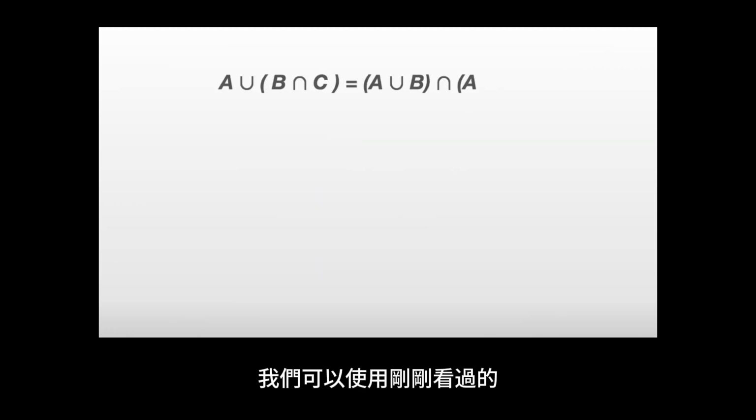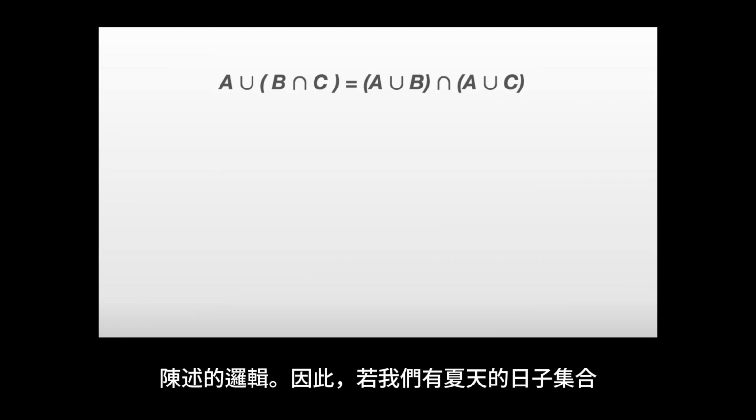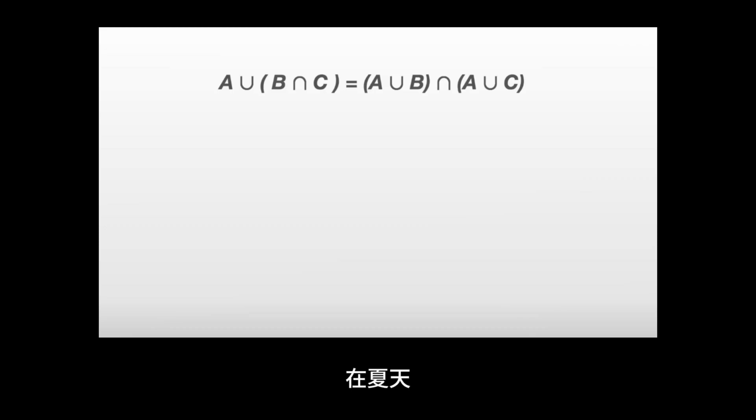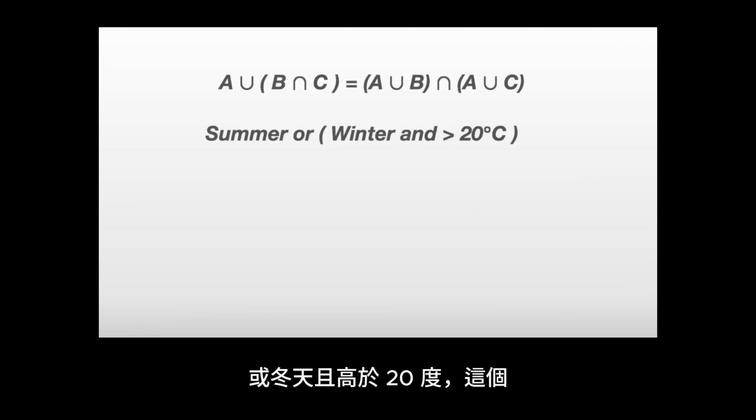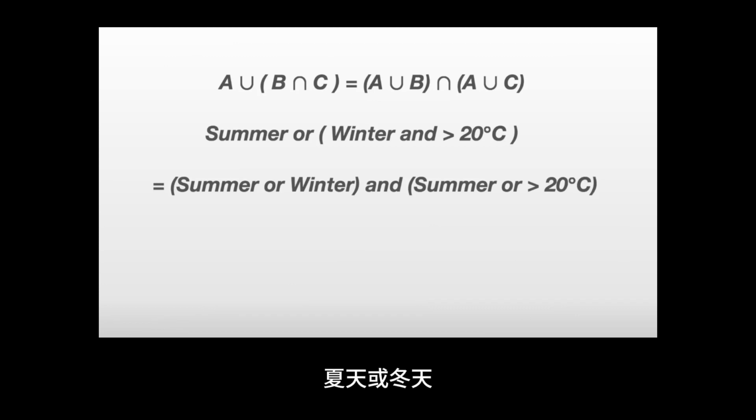We can use the distributive property we've just seen to work with the logic of a given statement. So if we have the set of days in the summer or winter and more than 20 degrees, the identity says that this must be the same as summer or winter, and summer or more than 20 degrees, which at first sight doesn't seem to make much sense.